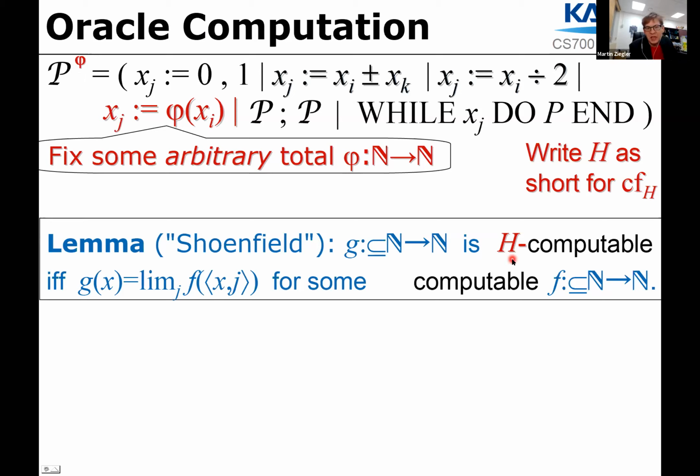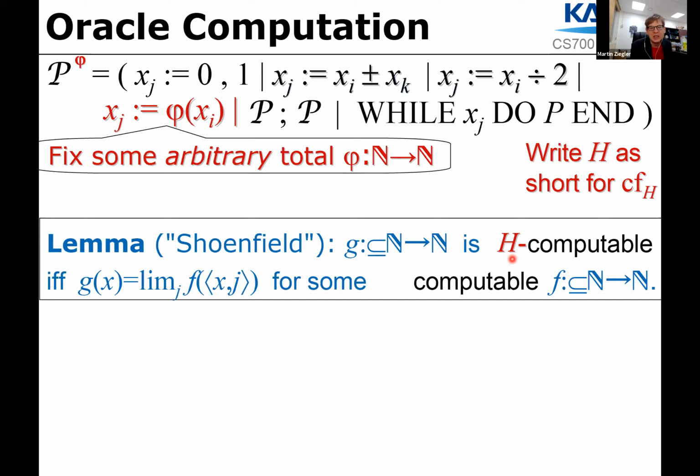So this interpretation of the limit lemma is actually very important. So let me repeat it. The ability to compute pointwise limits, that's a very powerful operation. Namely, it is in general as powerful as having oracle access to the halting problem, which we know is very powerful because the halting problem is undecidable.